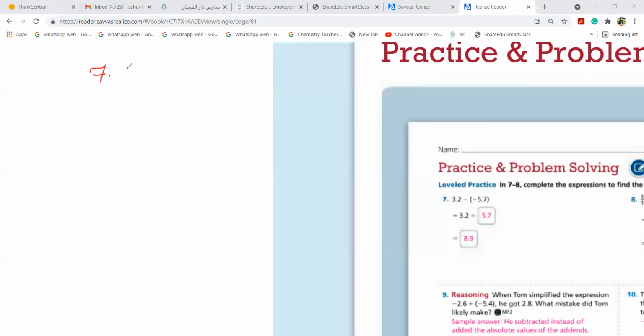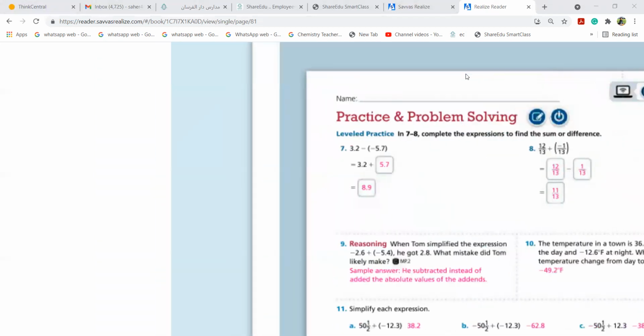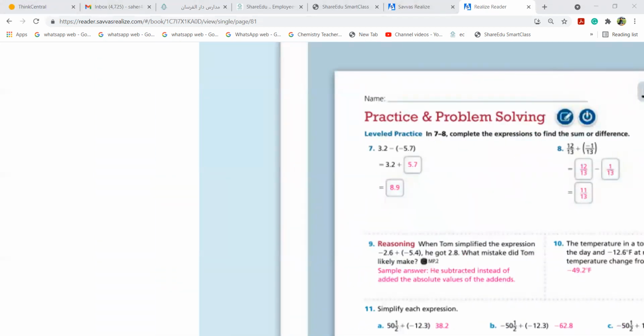That will make you practice much better. We'll try to finish the lesson today.